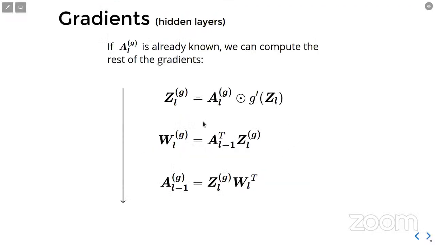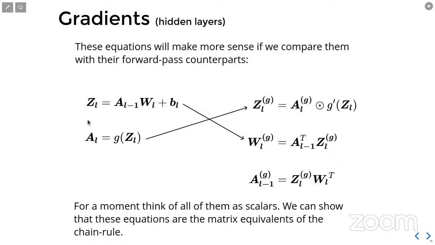So why would we do this element-wise? Because the activation was applied element-wise. If I go back, there is a nice picture here. A was computed element-wise from Z. Therefore, when we go backwards, the gradients also should be computed element-wise.